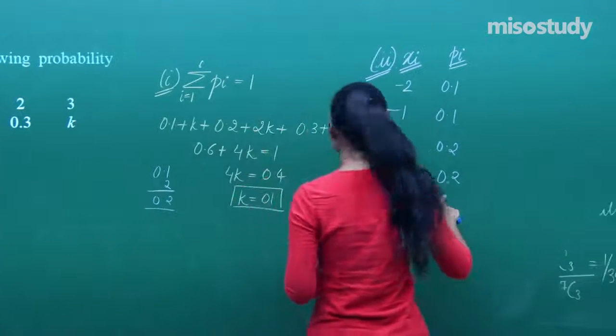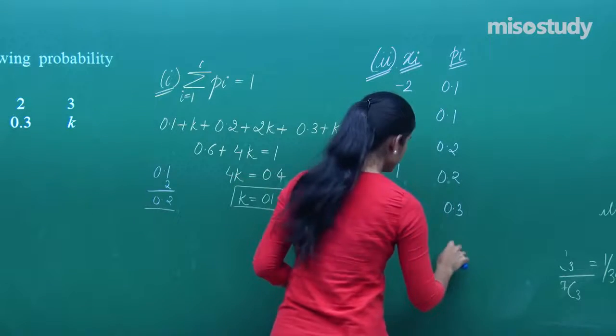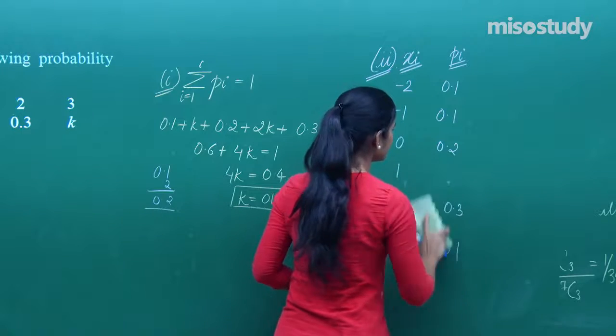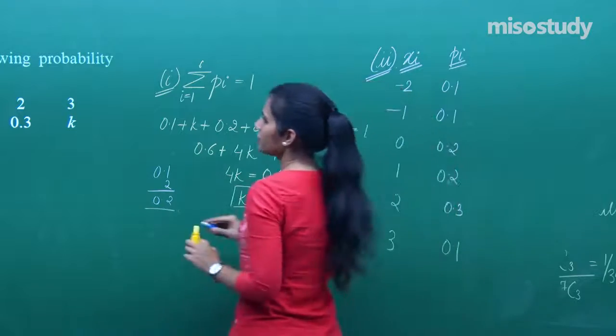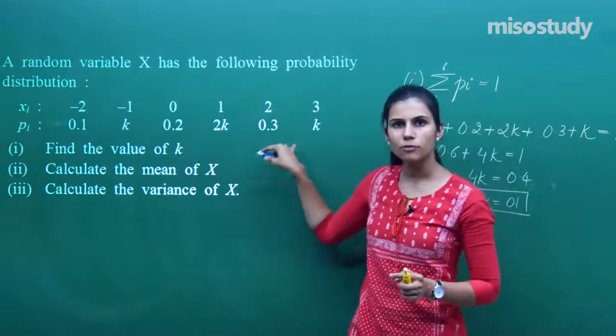Then you have 0.3, and k is 0.1, so this is 0.1. Let's not multiply it here, this itself is 0.1 only. 0.1 into 2 is 0.2. So I have 0.1, 0.1, 0.2, 0.2, 0.3, 0.1.